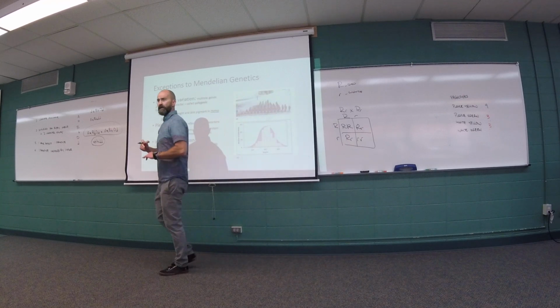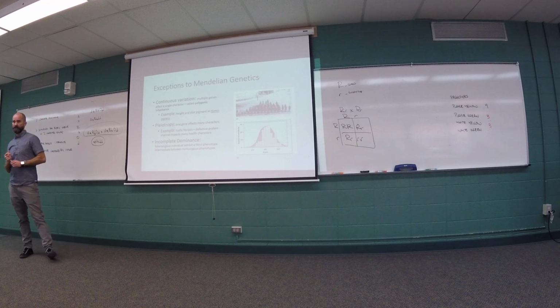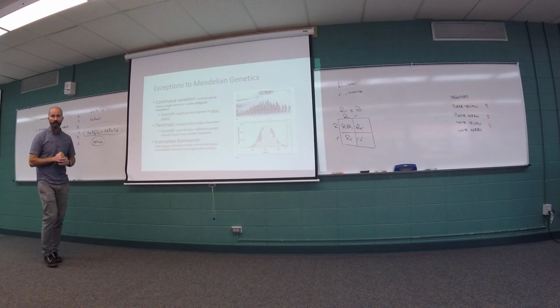If there was complete dominance, how many of those individuals would be red? 3. How many would be white? 1, right? So that's a 3-to-1 phenotypic ratio.